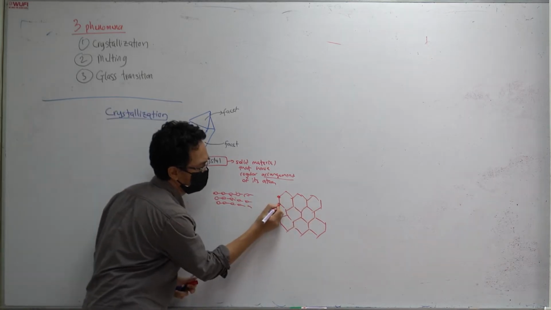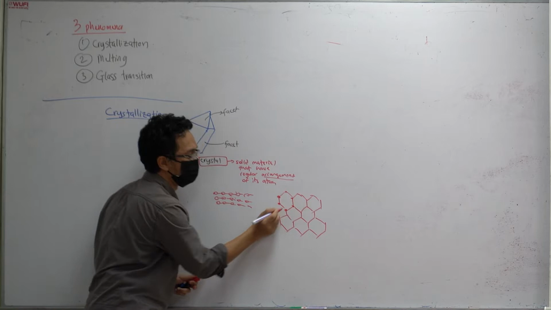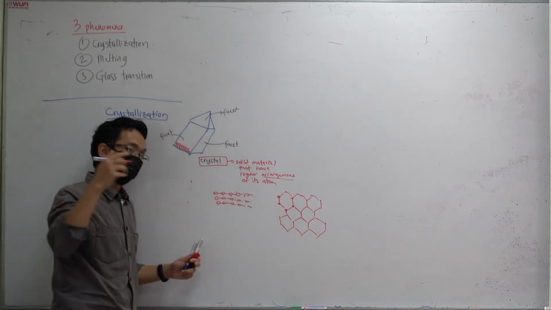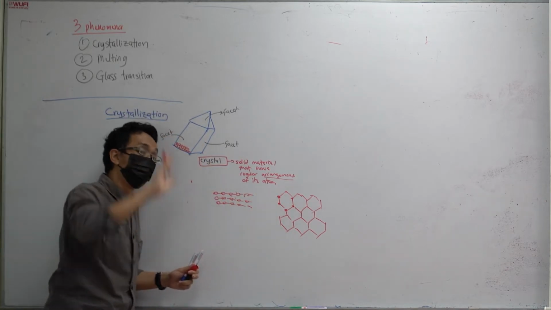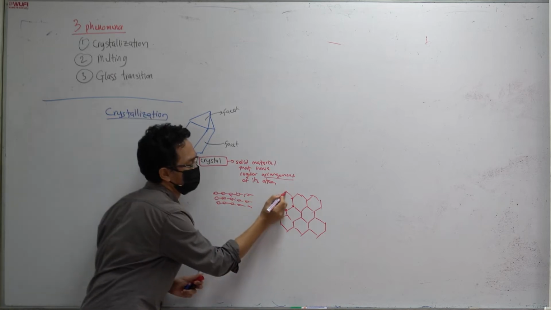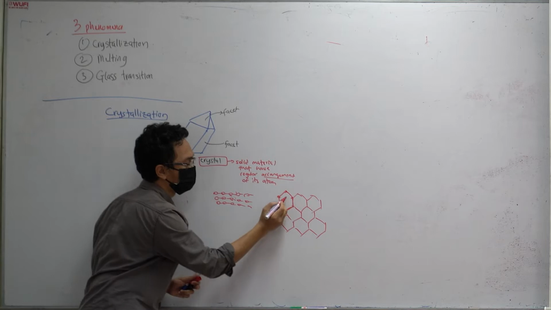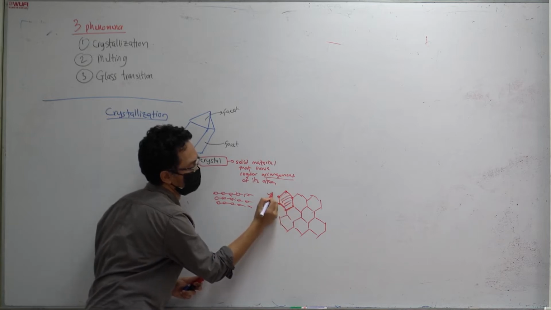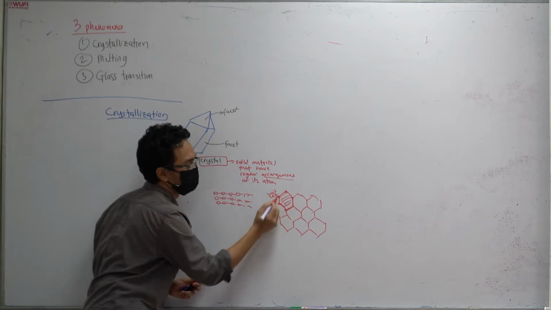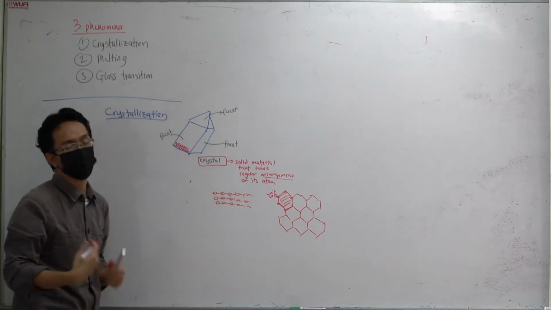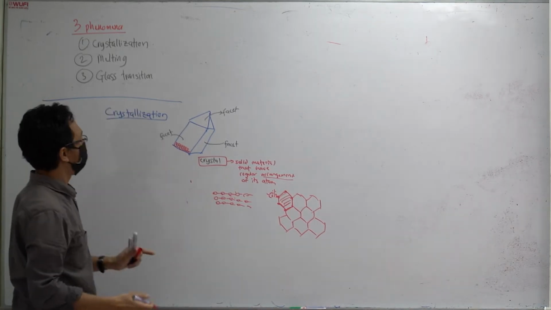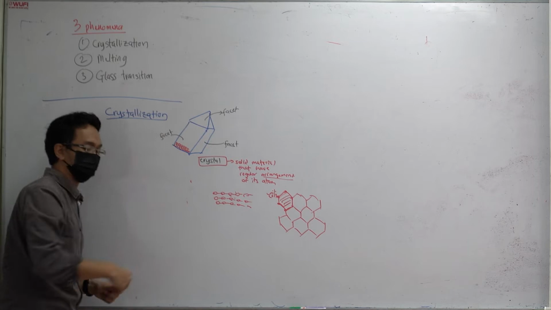Imagine there is an atom here, here, here. Even though these atoms are not in one horizontal or vertical line, they have a pattern. One pattern we call the unit cell, and this unit cell is repeated again and again. So this is also considered a crystal. That is basically the idea of crystal.